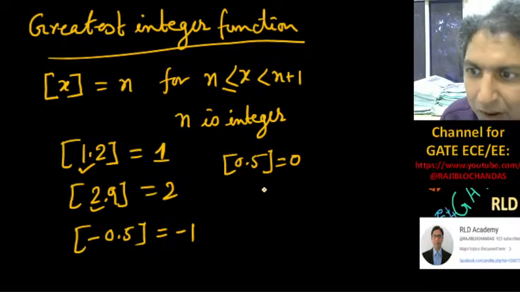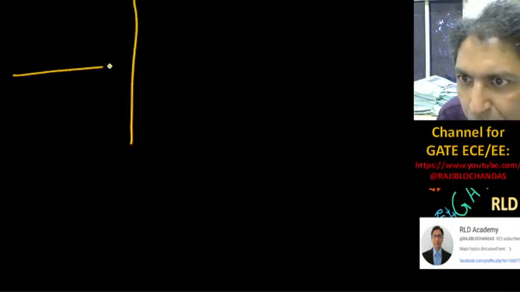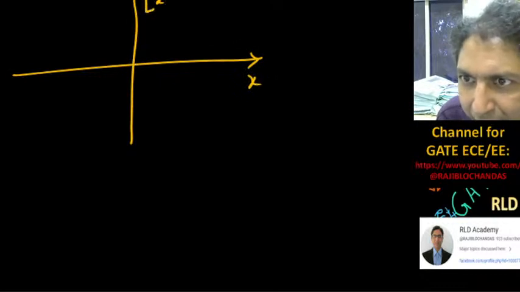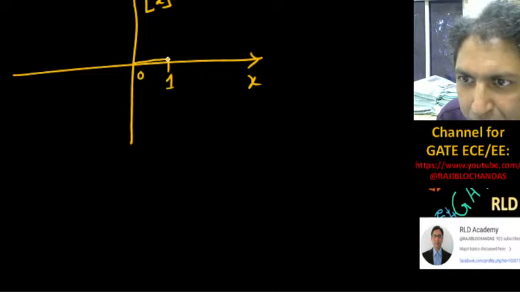Now if I draw its curve, then you will understand better. This is your x, this is the greatest integer of x. You can see that for 0 to 1, any point I choose, its integer value is 0, so its value will be 0 only. And 1 to 2, its value will be 1. 2 to 3, its value will be 2.